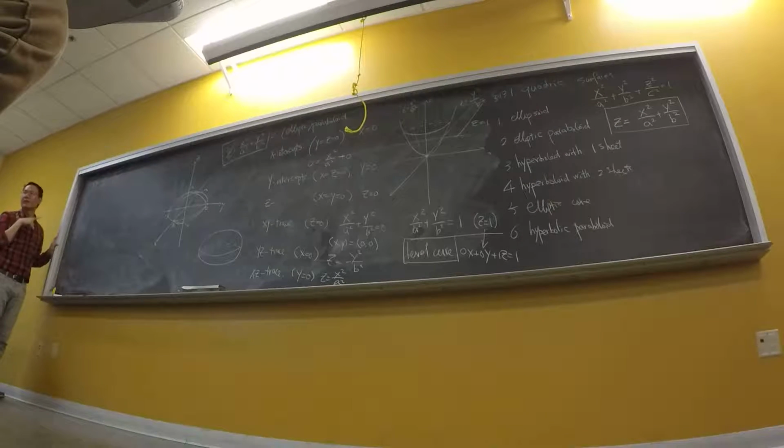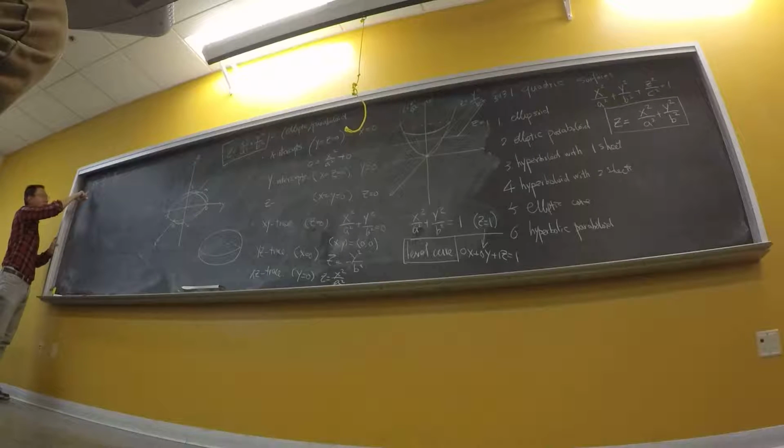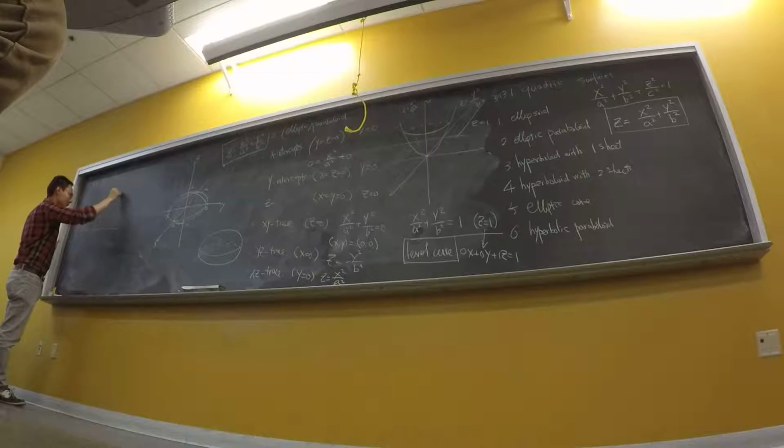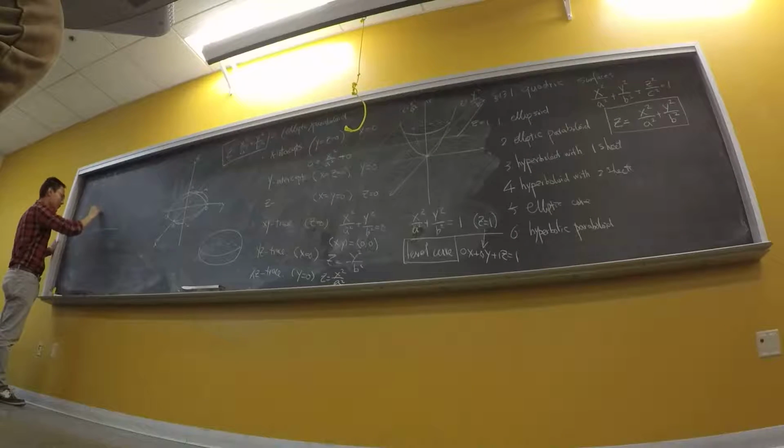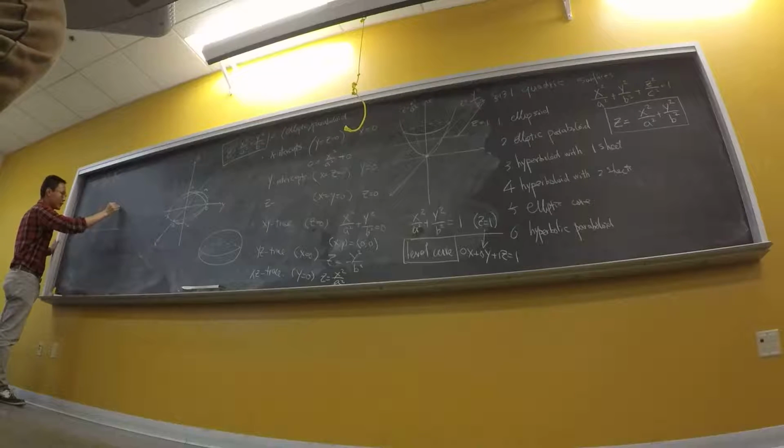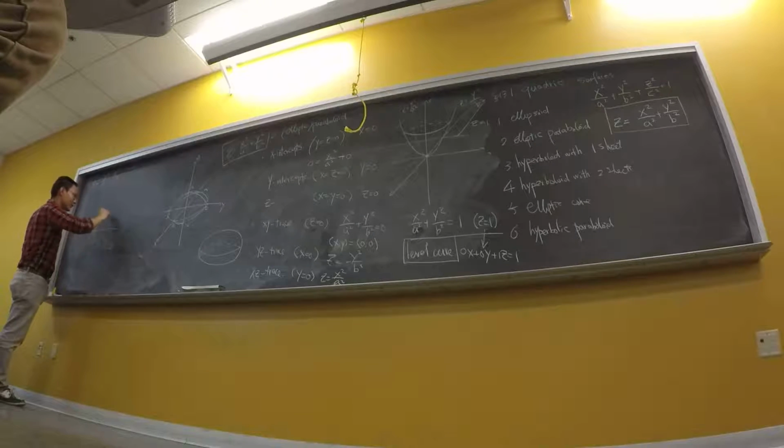This one still defines an elliptic paraboloid, but the opening, instead of going to the positive direction of the z-axis, is going to the y-axis. So you can easily go over the calculation. It is opening to the positive direction of the y-axis.